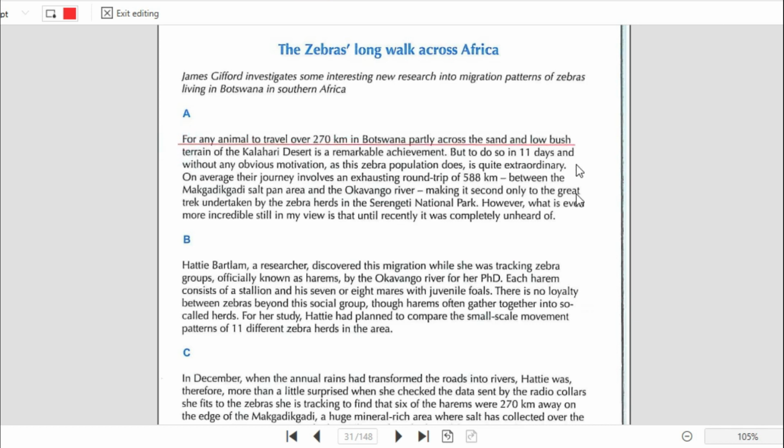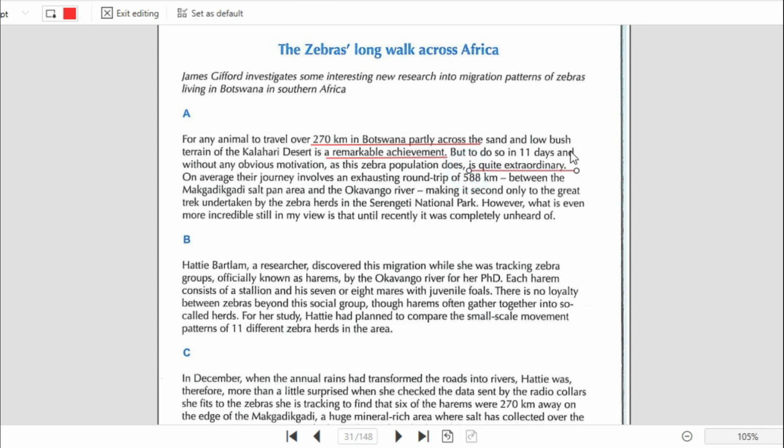I mean the sentence. For any animal to travel over 270 kilometers in Botswana, partly across the sand and low bush terrain of the Kalahari Desert, is a remarkable achievement, but to do so in 11 days and without any obvious motivation, as this zebra population does, is quite extraordinary.